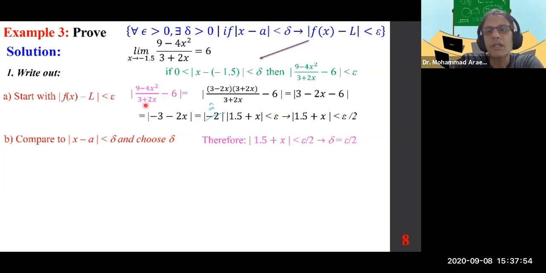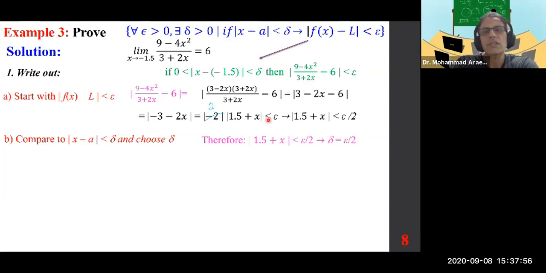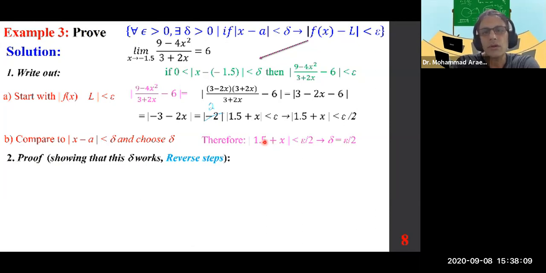Because you know you reverse the process, the tricks involved, you can see them. So one more time, when you come this far, your next step for the proof is just reverse. So from here, you go here, here, and this is what you have.